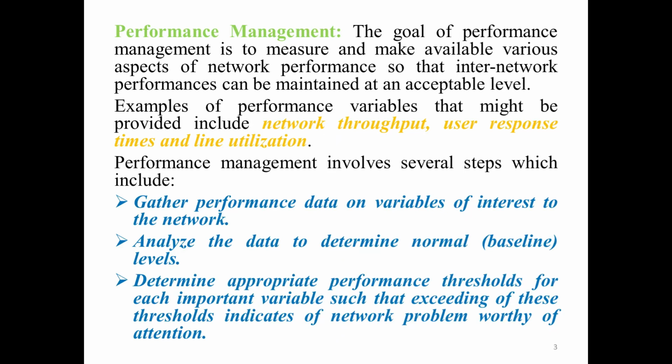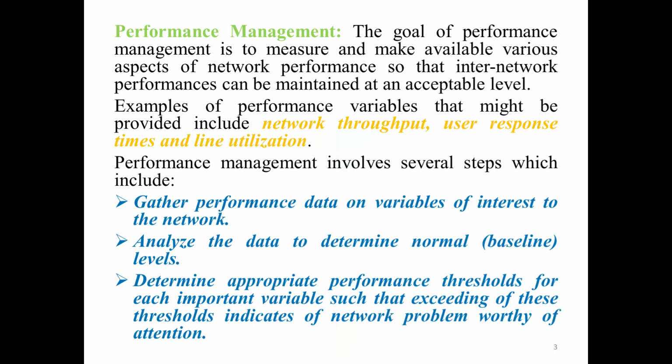Performance management. The goal of performance management is to measure and make available various aspects of network performance so that inter-network performance can be maintained at an acceptable level. Examples of performance variables that might be provided include network throughput, user response times, and line utilization.